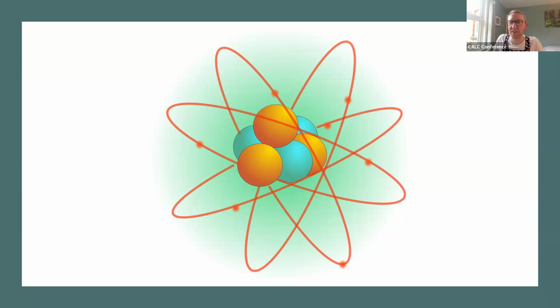Now, if you were to study chemistry or physics at a higher level, you probably wouldn't use a diagram like this. This has been outdated for over 100 years, and it's not really the way that we think about what an atom looks like. You can't zoom in with a microscope to an atom and see this.